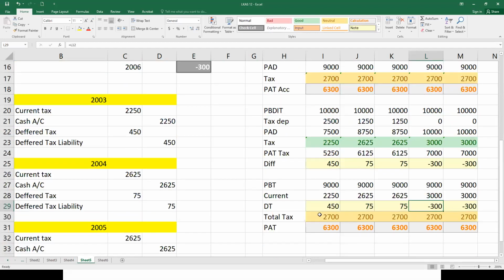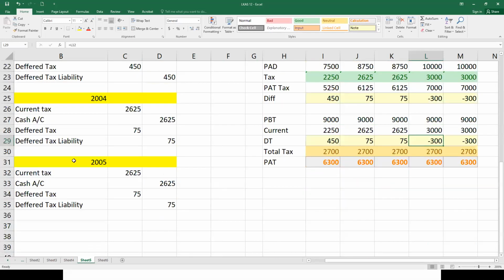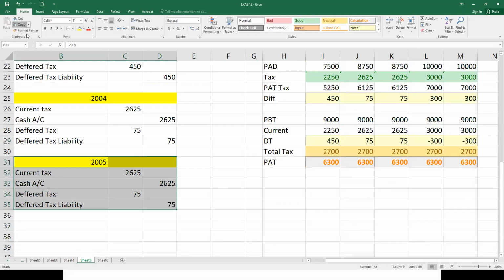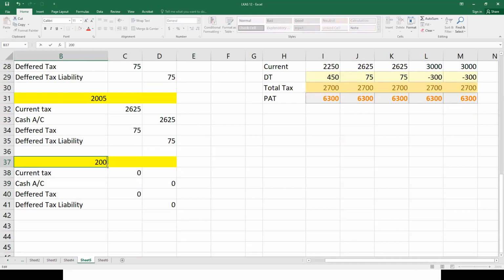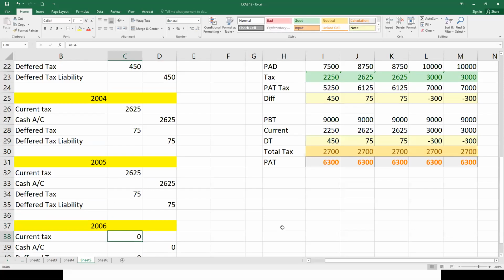Now, the problem is right here. In 2006, current tax how much? Current tax equals 3,000, right?